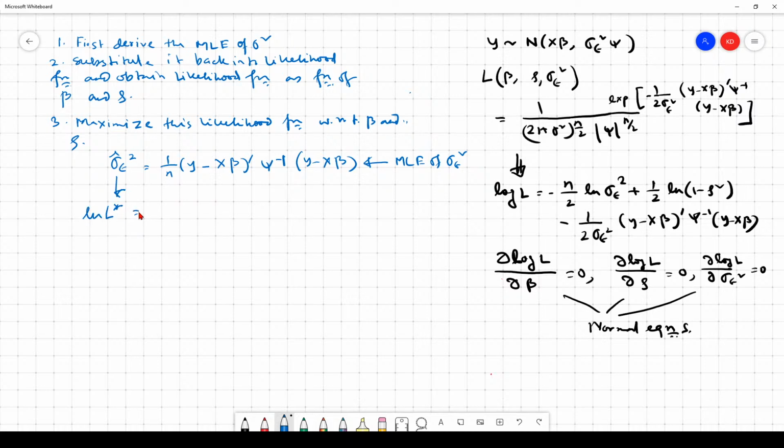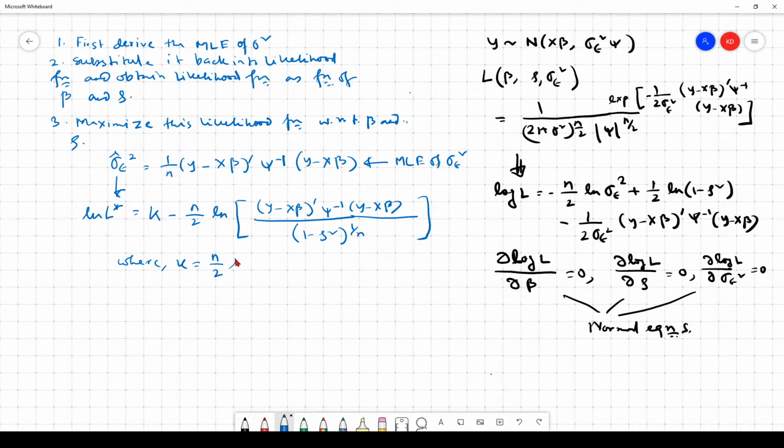So L n star should be k minus n by 2 ln of (y minus X beta) prime Sigma inverse (y minus X beta) times (1 minus rho square) to the power 1 by n, where k equals n by 2 ln n minus n by 2.